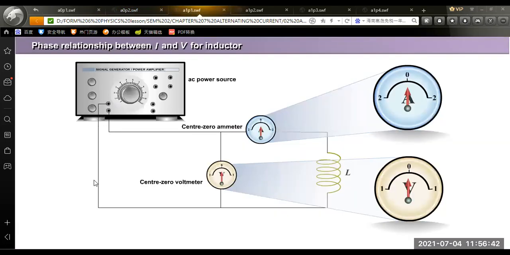An alternating current is connected to a solenoid, a series of coils, with a zero-center ammeter used to measure the alternating current and a voltmeter for the potential difference across the solenoid. Now, when switched on, observe the change.